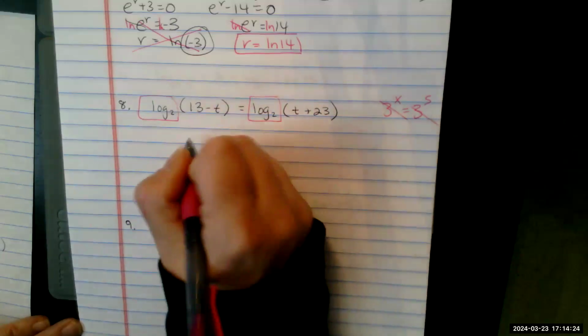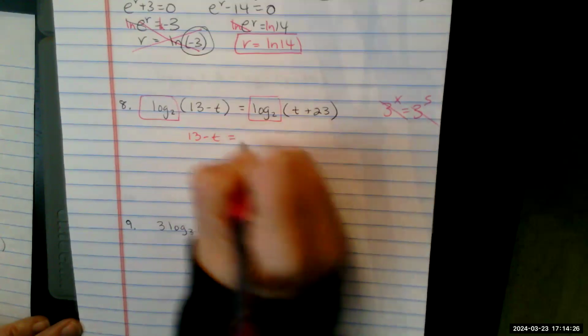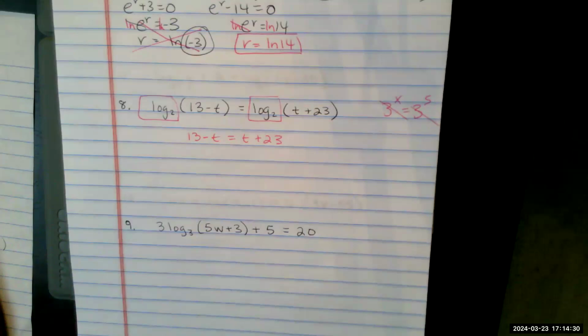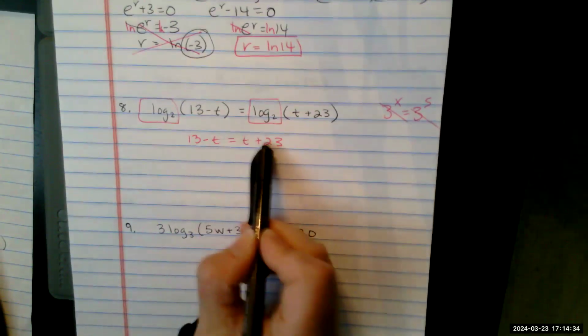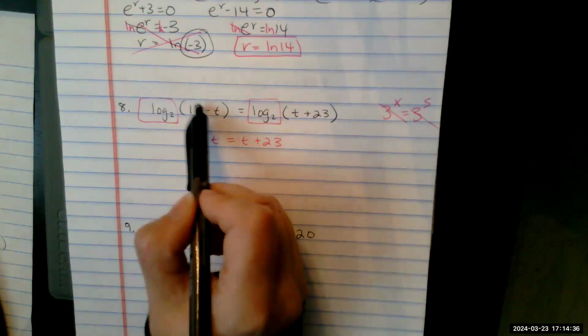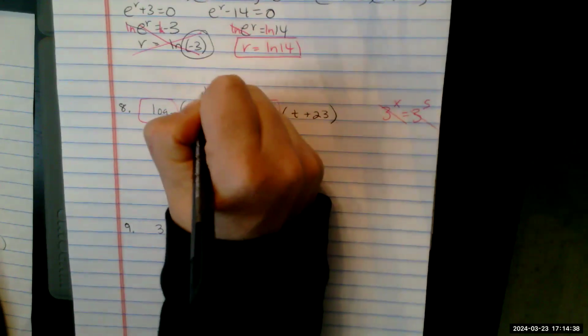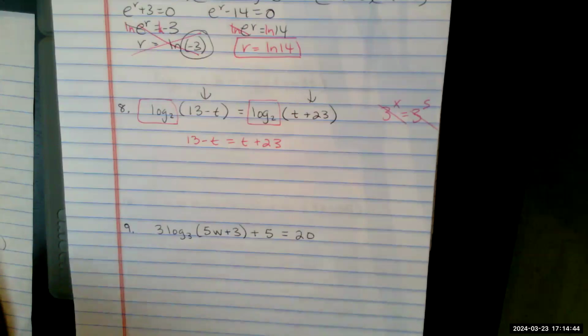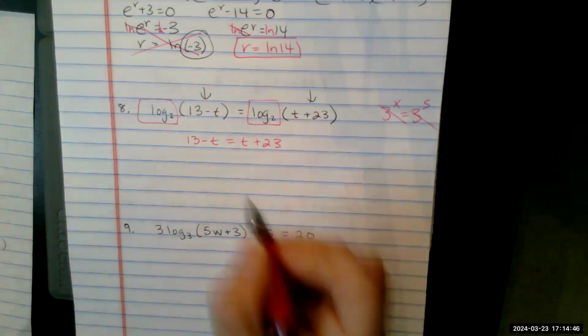So we can just ignore the logs for a second and set these equal and solve. But this is one where we need to be careful and check our answers, because we might get an answer that works for this, but putting it back into the log, if it makes either of these 0 or negative, we know we can't do that. So we got to check our answers and make sure that doesn't happen.